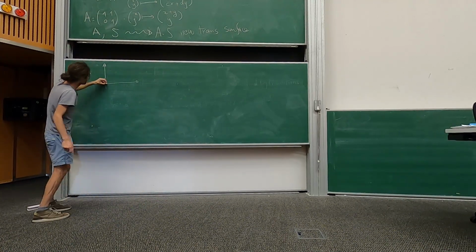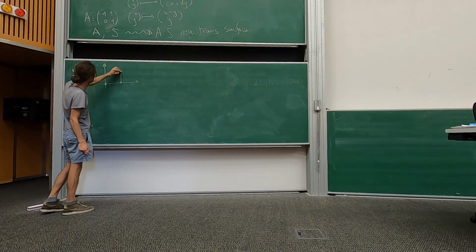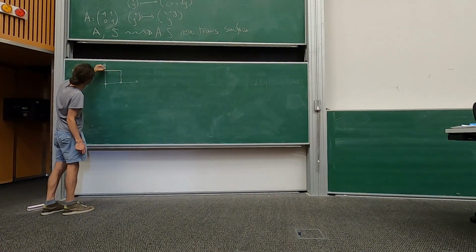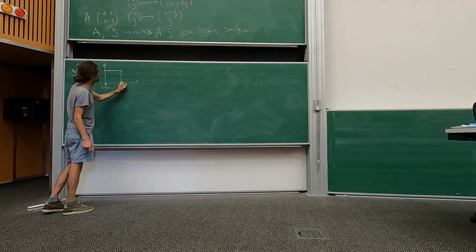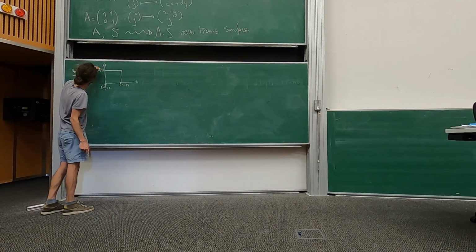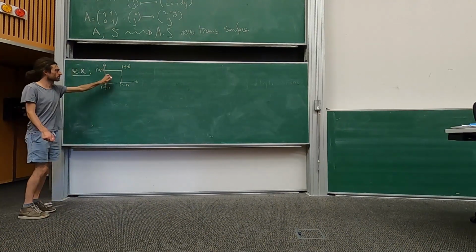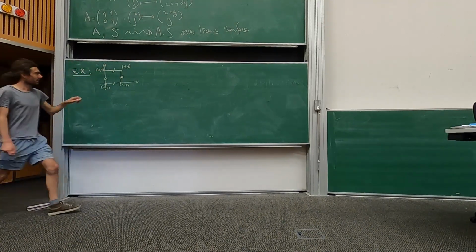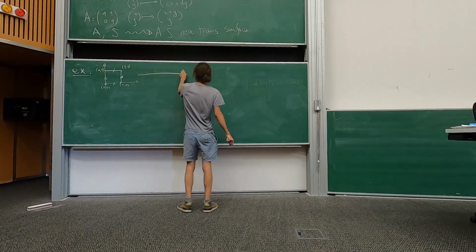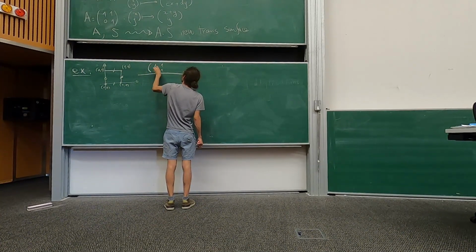Say I have the simplest translation surface, which is a square: (0,0), (1,0), (0,1), (1,1). And I also have a matrix, which is my favorite one, 1, 1, 1, 0.